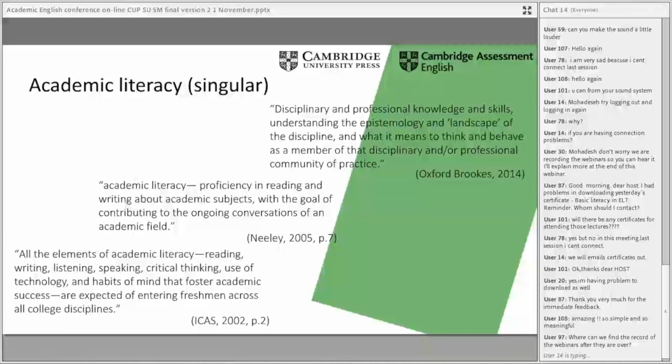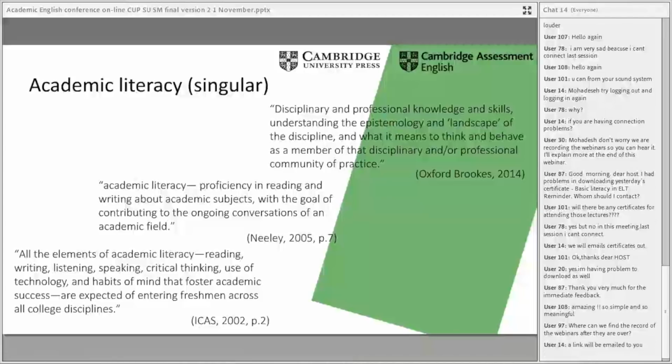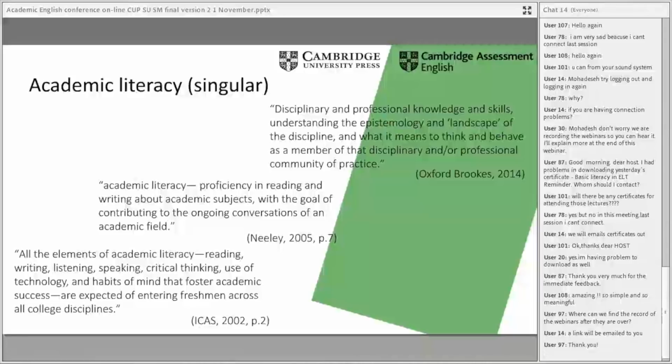So as you can see from these quotations, we've got the skills-based approach at one end of the continuum, and then we've got an approach, as we can see from the quotation from Oxford Brookes, that is more compatible with the academic literacies model. Interestingly, these examples targeted at different stages show how academic language can be conceptualized as changing through progressive levels of study.